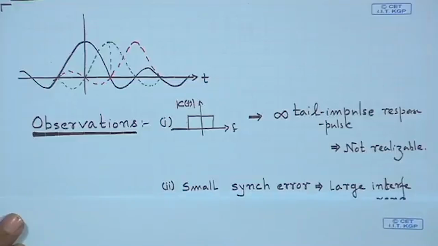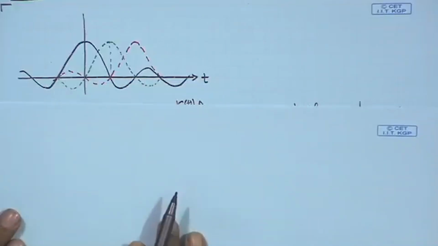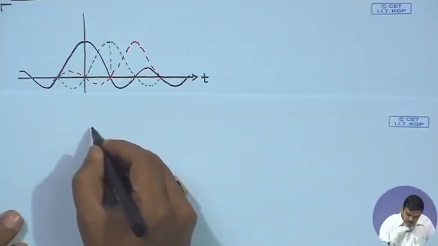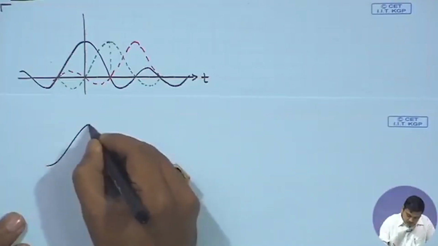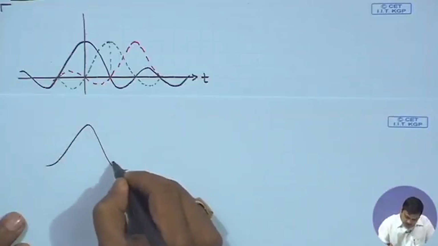Further, we can also note that if we have a train of pulses arriving in this manner, we could redraw it for a sketch and try to understand what goes on.